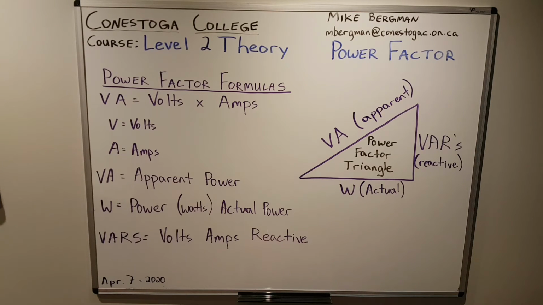So leading up to this, we've done inductive loads, capacitive loads. In Level 1, you did purely resistive loads. Anything that's inductive is going to have some wasted power because of what has to happen for that motor to turn: induction, induced voltages, a lot of copper losses.